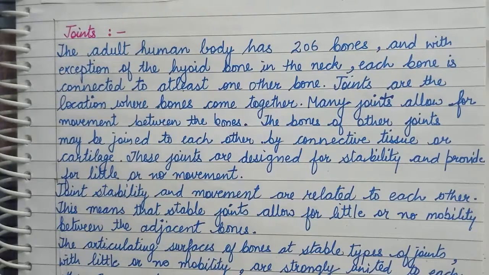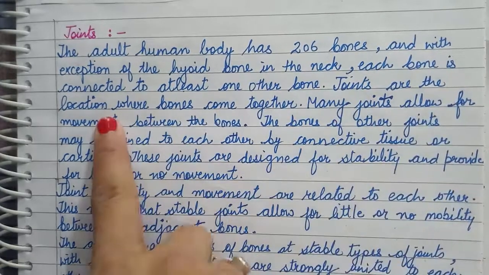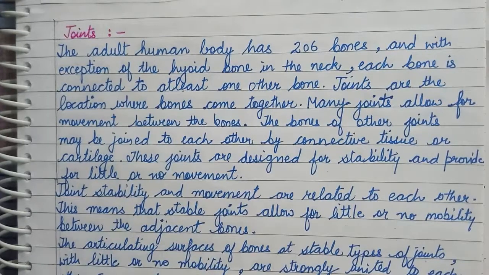Joints. The adult human body has 206 bones, and with the exception of the hyoid bone in the neck, each bone is connected to at least one other bone. Joints are locations where bones come together. Many joints allow for movement between the bones.